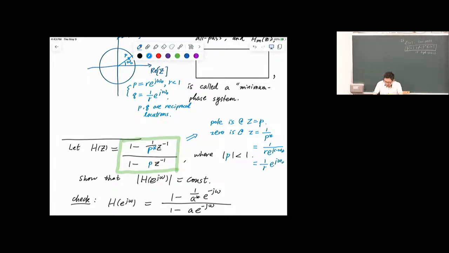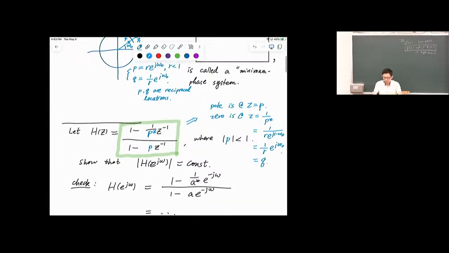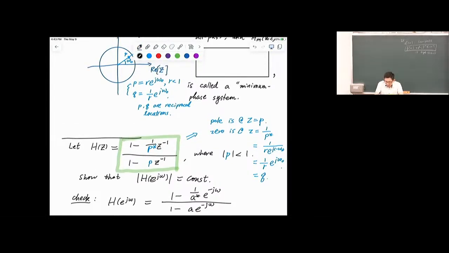That's Q, the reciprocal location. So this is exactly equal to 1 divided by p conjugate.